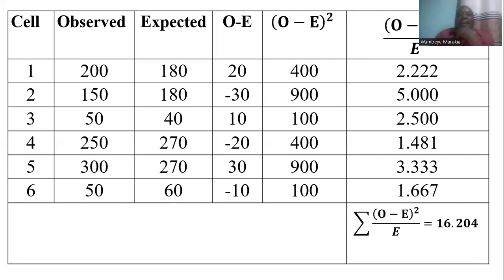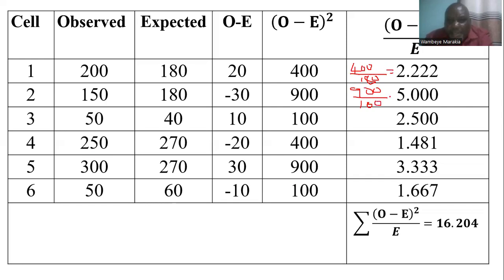So now we have to divide everything here by the expected frequency. This one will be 400, dividing by the expected frequency, 80 here. So you get 2.222. This one will be 900 all over the expected frequency, which is 180.